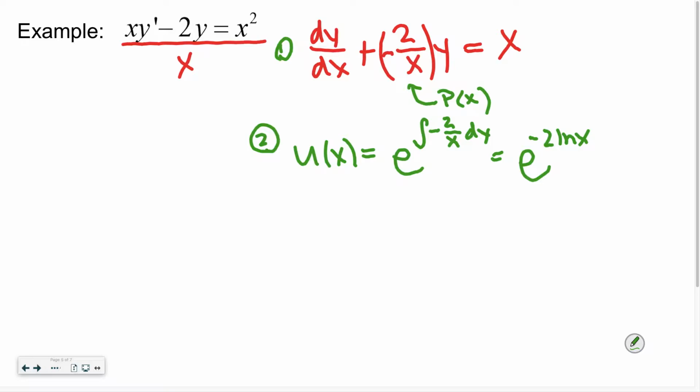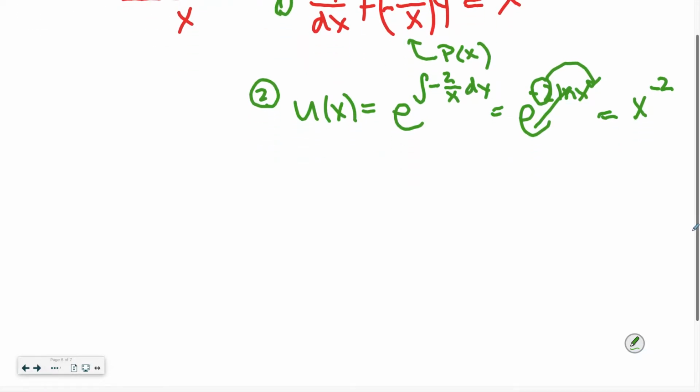Okay, is there a way for us to rearrange so that we can get rid of the e and natural log? Is it like x to the negative 2? Yes. It becomes the exponent, and so e and natural log undo each other, right? Okay. Yeah, not so bad, right?